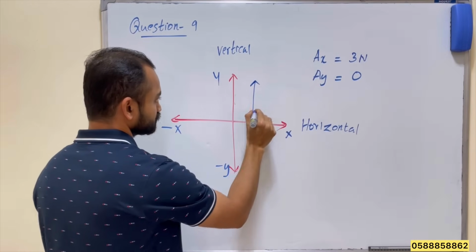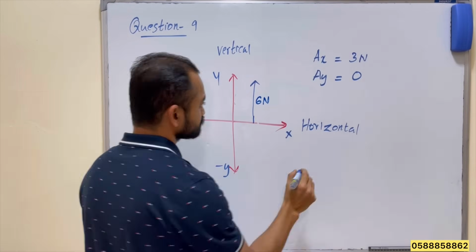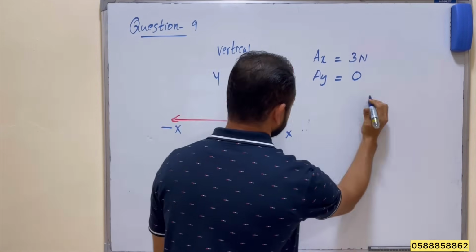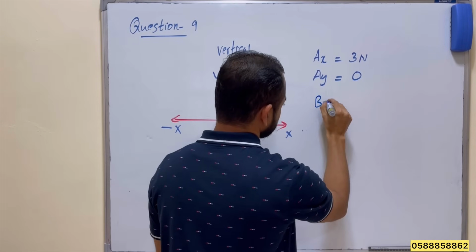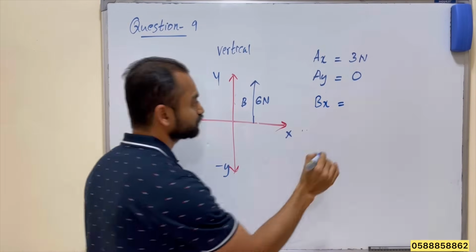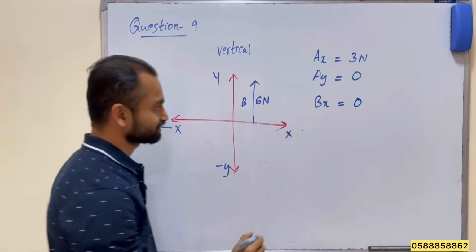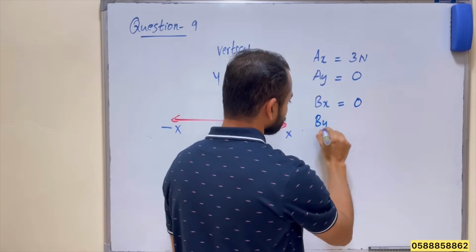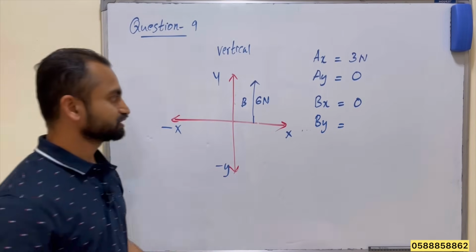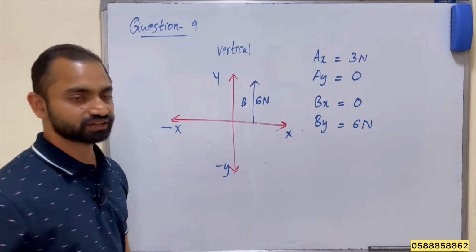We will call this our vector B. The x component of this vector, Bx, is 0, because it is completely along the y direction. What is its vertical component? The component means the part of this force along the y direction, that is 6 Newton, because it is completely along the y direction.